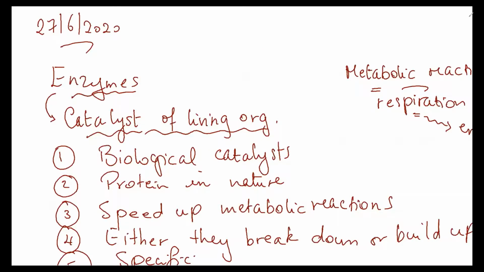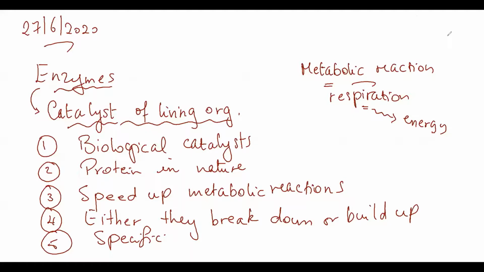And I said that all of them speed up the chemical reaction. Let's not say all of them, because next year or next course you are going to see that some enzymes slow down. Most enzymes speed up the chemical reaction. All of them are protein in nature. All of them either break down or build up. All of them are specific.